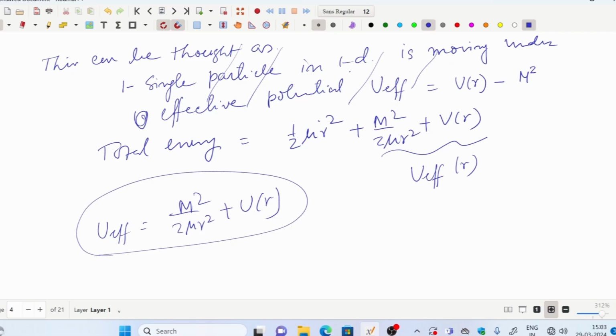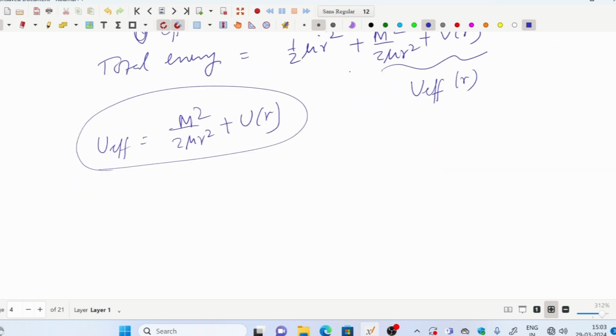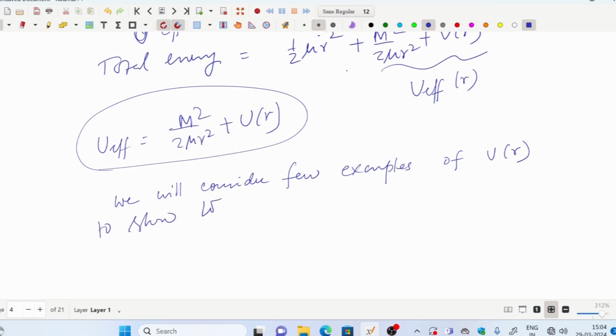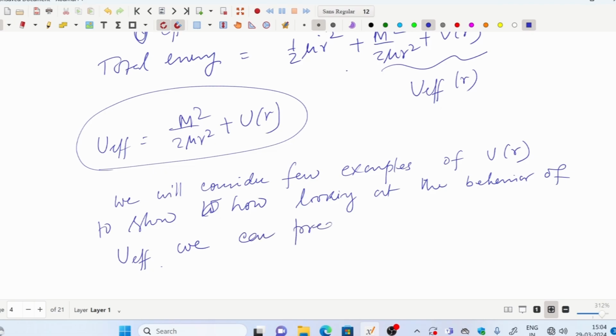That we are going to discuss next. We will consider a few examples of U of r to show how, by looking at the behavior of the effective potential, we can predict the trajectory of the particle.